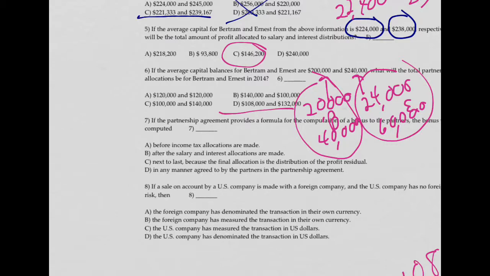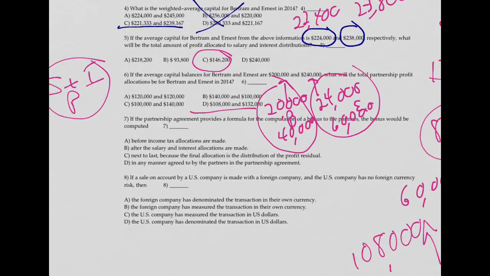That becomes their total distributions, which consist of salary, interest, and then profit. All right, number 7. This is what we've spent some time in class learning.